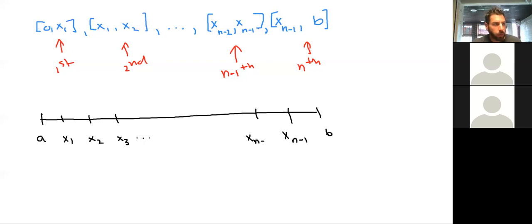Now, when you're first learning this, the best way to do it is to stick to concrete examples, which we'll do in a second. It's also very useful to call b x sub n, and it's also very useful to call a x sub 0. So you look at these subscripts, and if you read left to right: 0, the first, the second, the third, all the way up to the n minus 2, the n minus 1, and then the nth one.